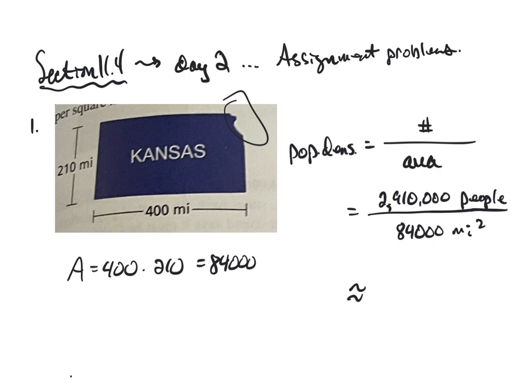So when we do the calculation, 2,910,000 divided by 84,000 square miles, we get a population density of approximately 34.6 people per square mile.